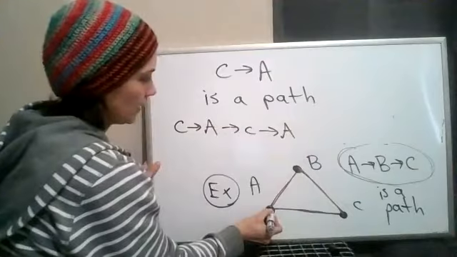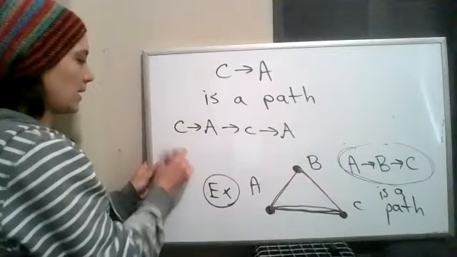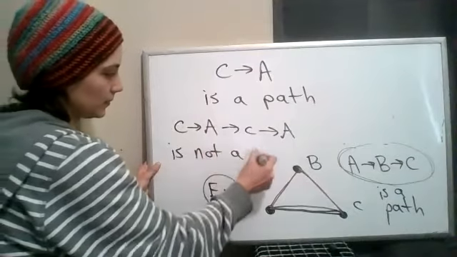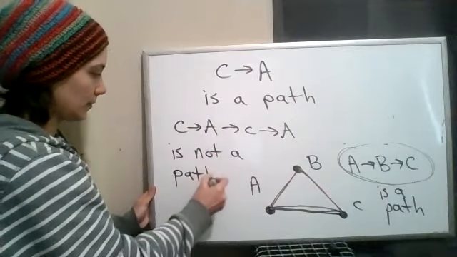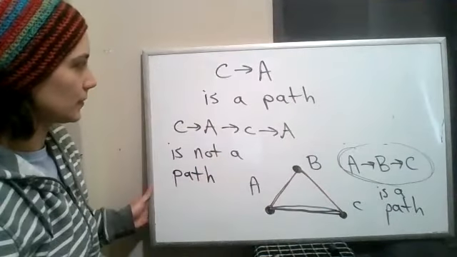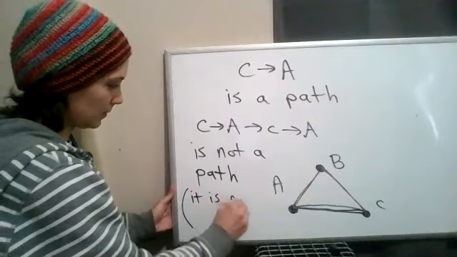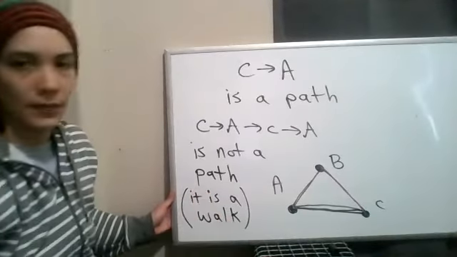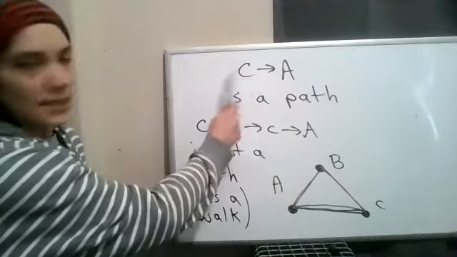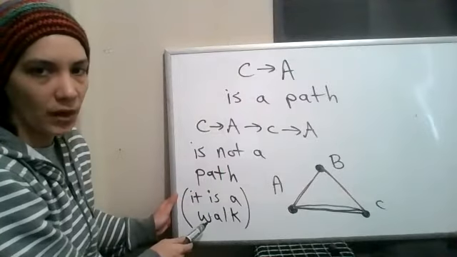So going here, and then back here, and then even one more time, it's not a path. So we said CA is a path, but something like CACA is not a path, it's a walk.